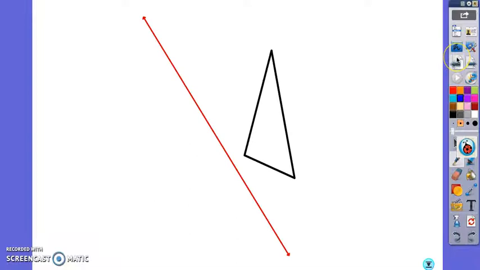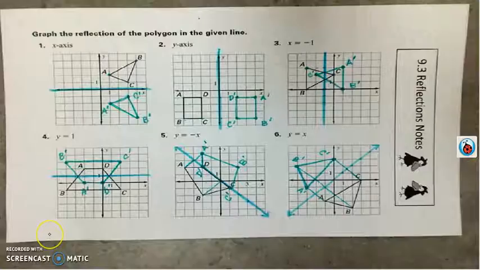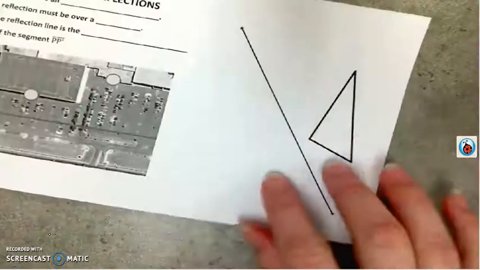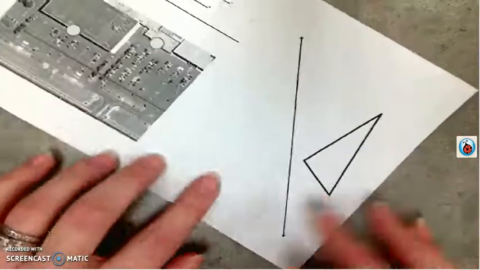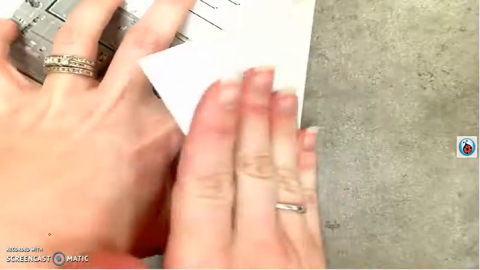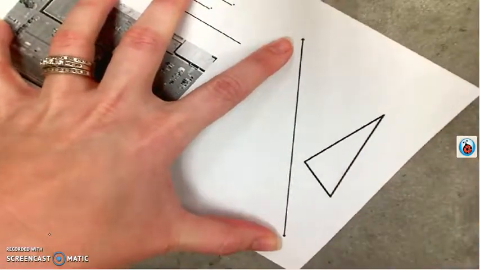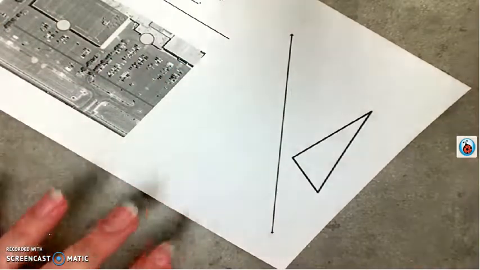Last thing, I want you to get proficient with some ruler work here. So let's try this on my paper again. We're going to try to see what that would look like if I folded my paper and folded that onto the other side, a reflection. We're going to use rulers.